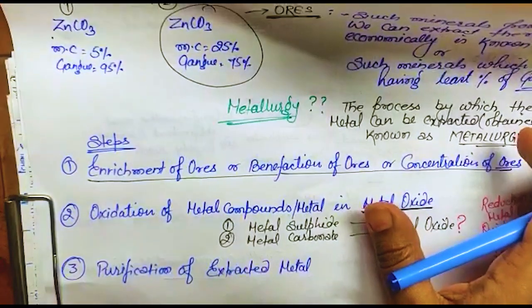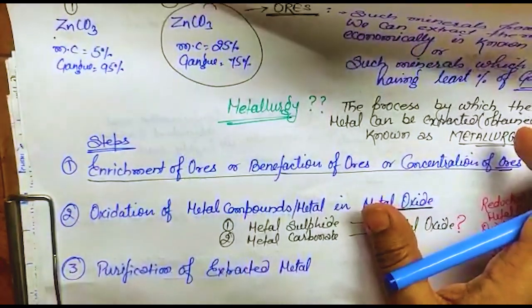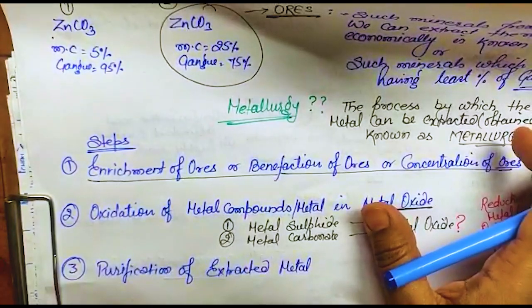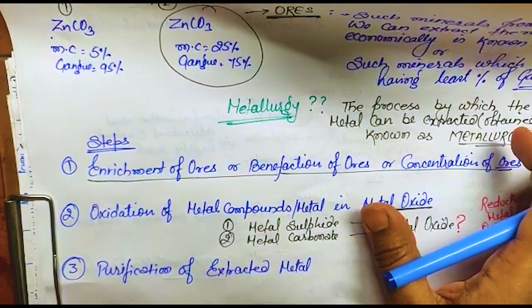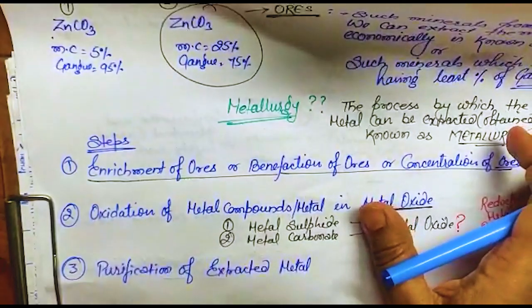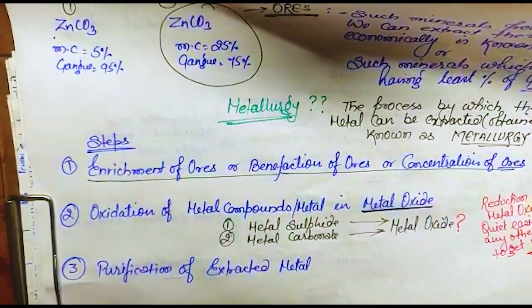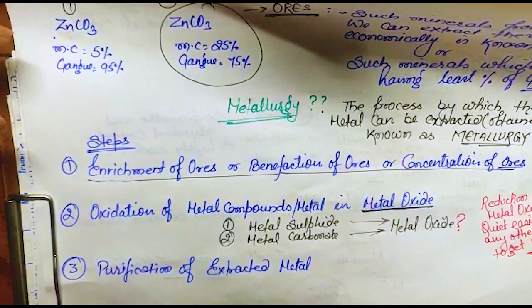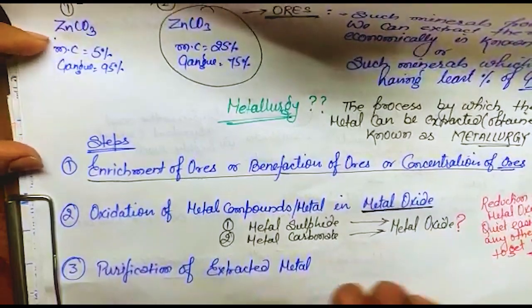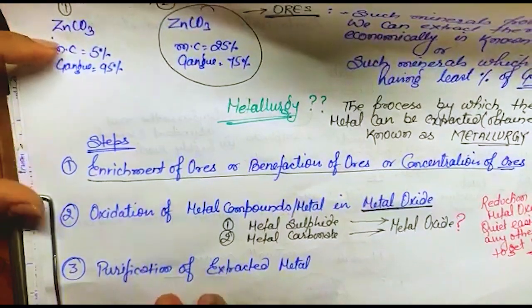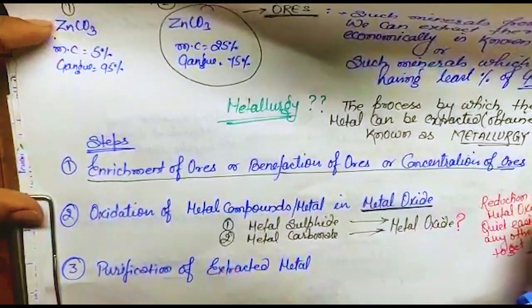So 5 to 10% impurities will still be there. How those impurities are removed, we will learn in the last topic. So this is all about the metallurgical steps. The main things are still left to cover. So for today, let it be over. Okay, thank you, class.